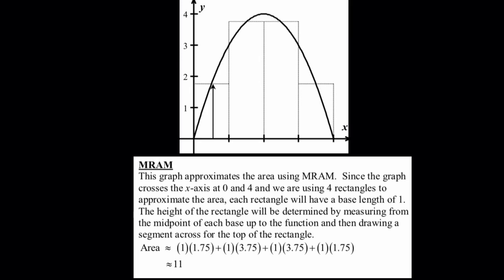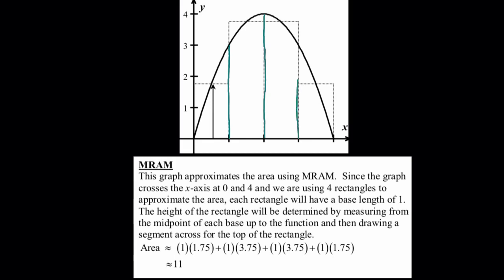All right, so the first thing we're going to do is divide up this area into 4 rectangles. And so we're finding the area between 0 and 4. So that means at 1, what we will do is come straight up. At 2, come straight up.